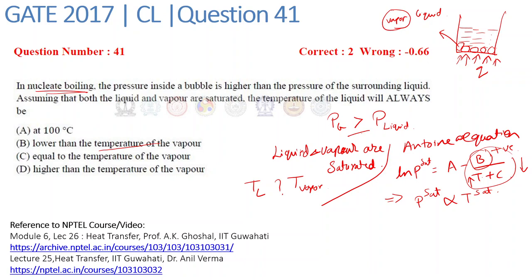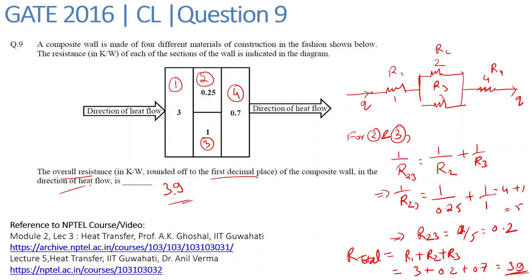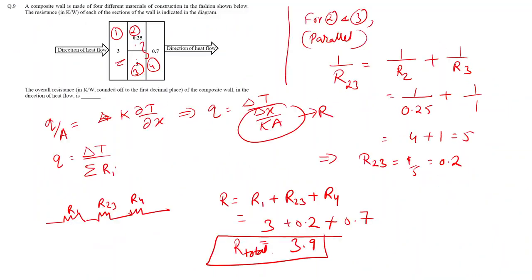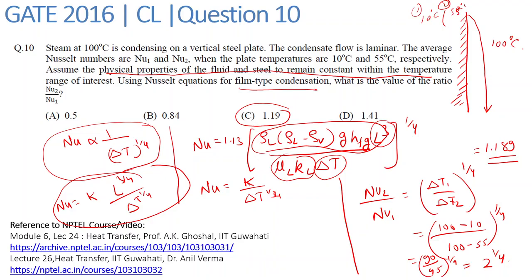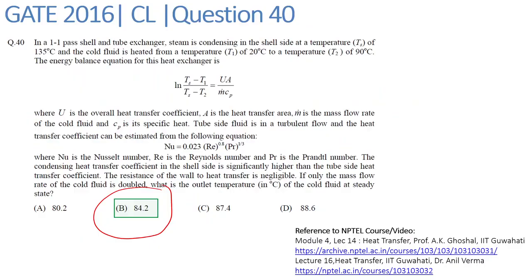And then we had this question related to nucleate boiling. Then we had this simple question related to the conductive resistance across the slab. Then we had this question related to condensation, in which we had to use Nusselt's equation for film type condensation, and this question we haven't looked at.